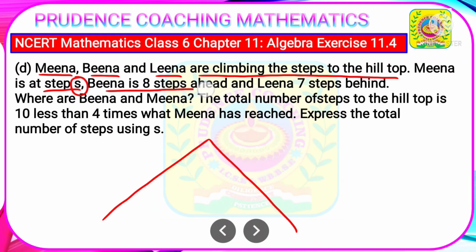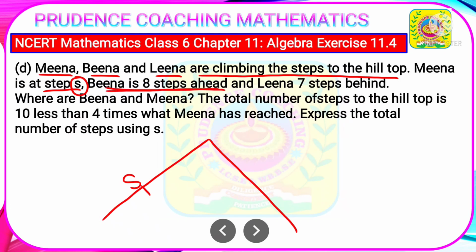Bina is 8 steps ahead and Leena is 7 steps behind. Where are Bina and Leena? So let us solve this, then we will start with the next part. So if we assume that Meena is in this particular position, we are just marking as S here. According to the question, it is said Bina is 8 steps ahead.